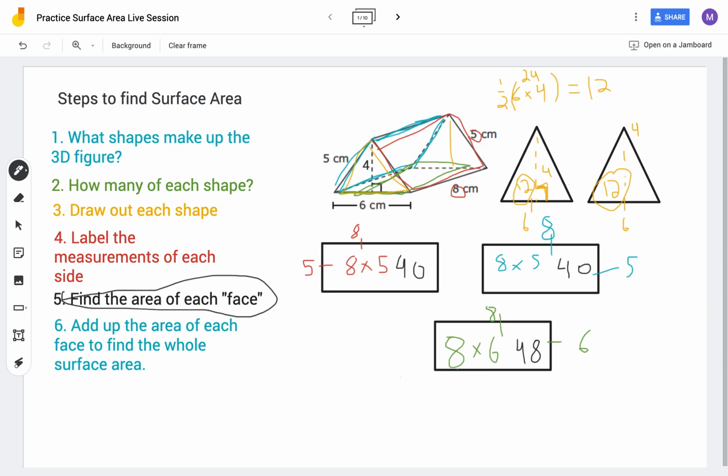Okay. So we have the area of our triangles, area of our rectangles. Now we have to add them up. So if you all on your paper would add up the area of each of these shapes. When I put them here, I like to cross them out so I don't write a number twice or forget a number.